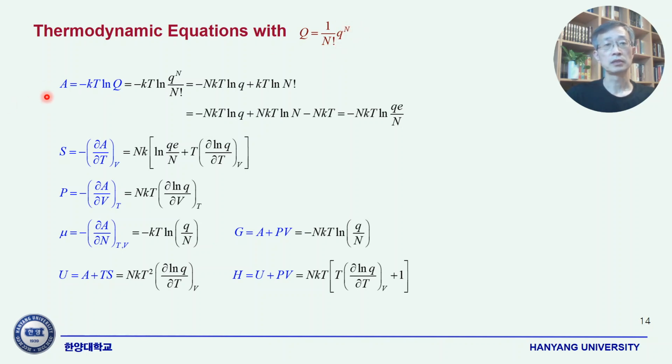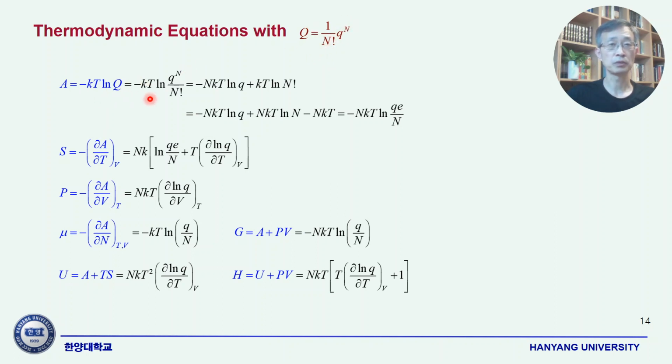Then the Helmholtz free energy, this is where we go from statistical mechanics to a thermodynamic state function. Given Q, A is given by minus kT ln Q. So Q is replaced with this formula, q to the N over N factorial.